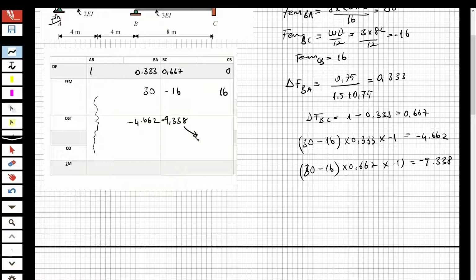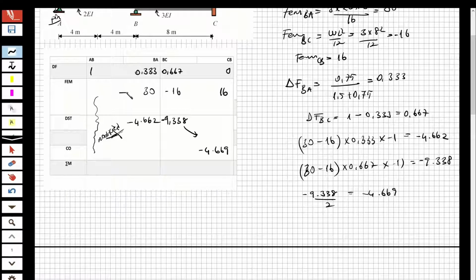And I'm going to make a carryover, so I'm going to take half of this moment. So minus 9.338 over 2, and this is going to be equal to minus 4.669. We can't make any carryover to this side because we use the modified formula.